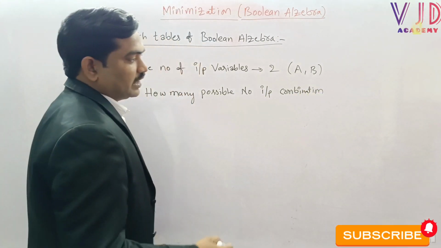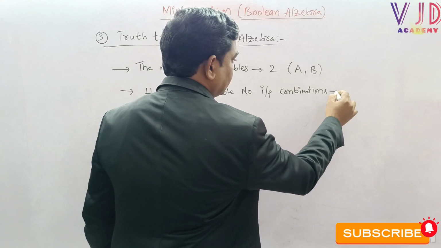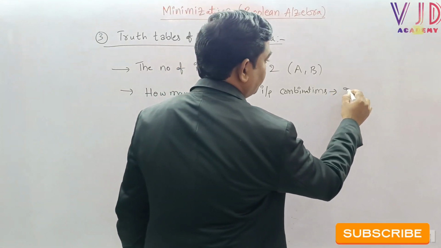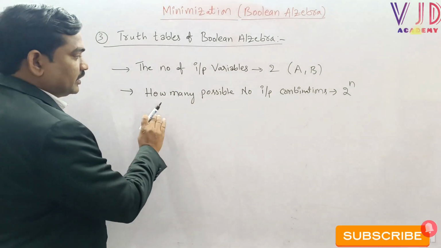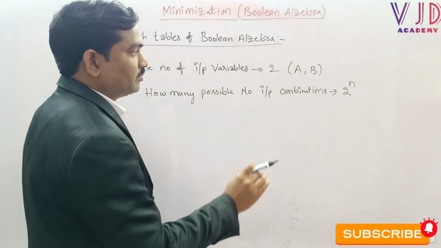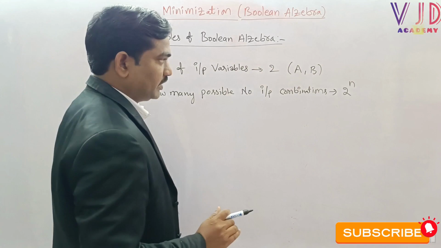If the question asks like this, we know the equation is 2 power n. Here 2 power n is the possible number of input combinations for the given input variables.